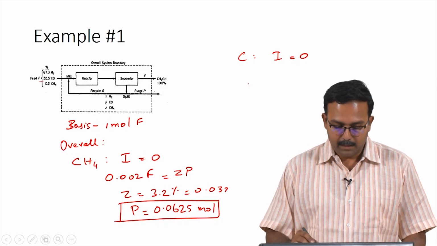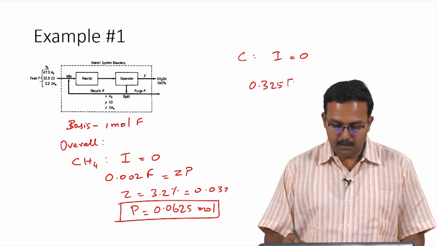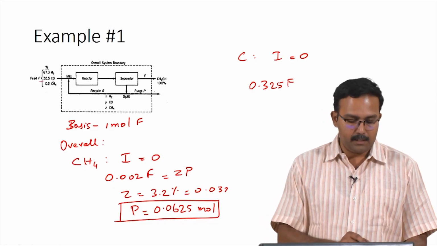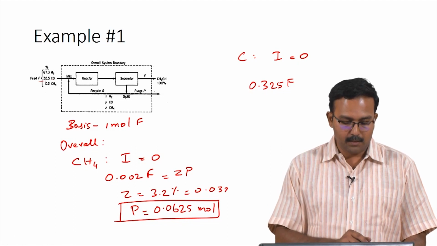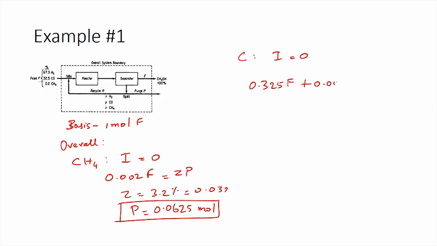So this would be 0.325 times F. So 1 atom of carbon enters in the form of carbon monoxide, so that would be the fraction of carbon in the carbon monoxide, plus 0.002 times F, giving us the amount of carbon which is entering in the form of methane, and we have carbon leaving in the form of methanol, which would be E, plus carbon leaving in the form of methane and carbon monoxide through the purge.